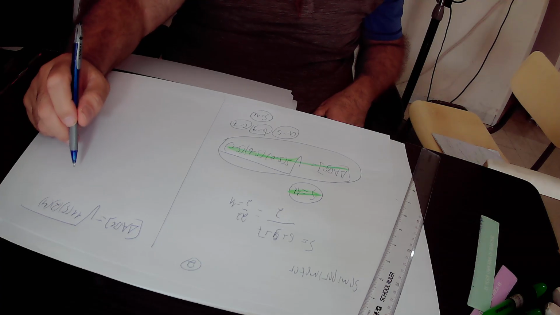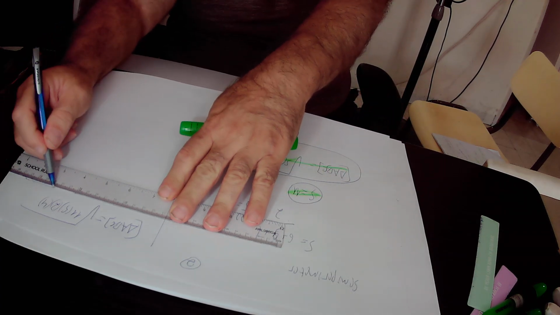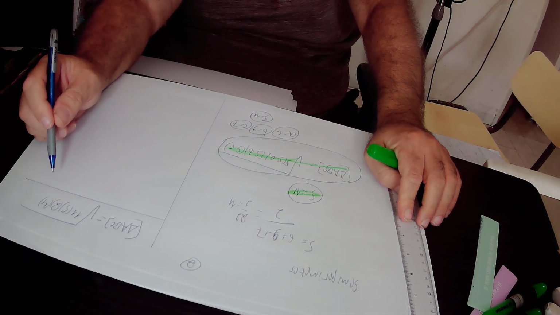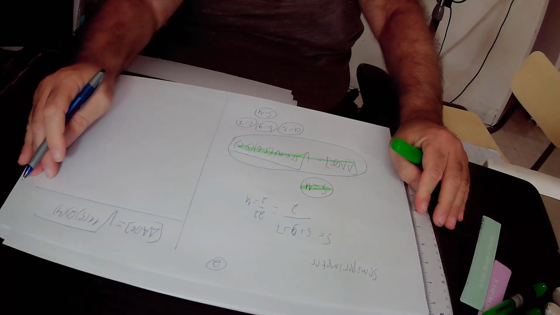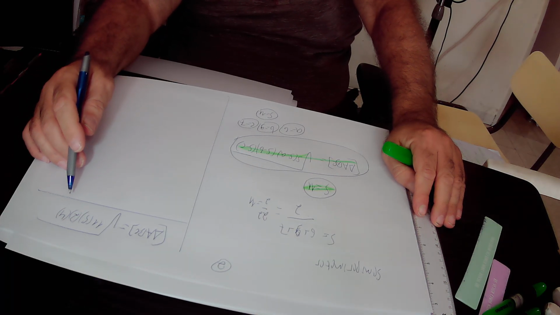So in total, the area of our triangle ABC is equal to the square root of 11 times 5 times 2 times 4. The square root of 4 is 2, so we can take 4 out of the root.